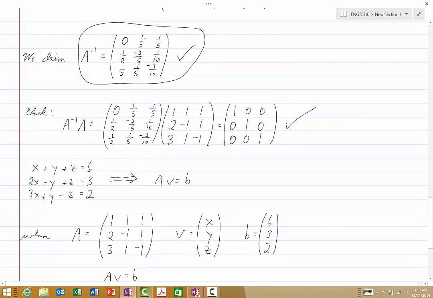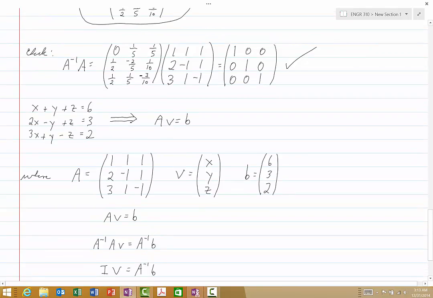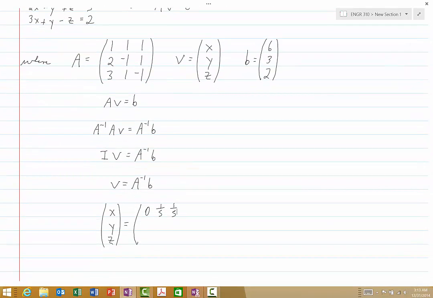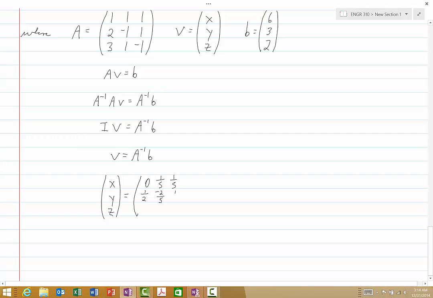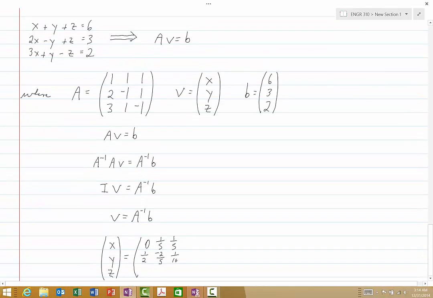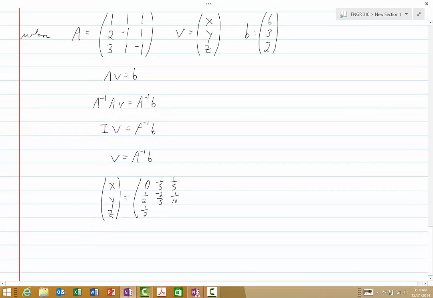You take the matrix A inverse, which is 0, 0, 1/5, 1/5, 1/2, negative 2/5, 1/10, and then 1/2, 1/5, negative 3/10.